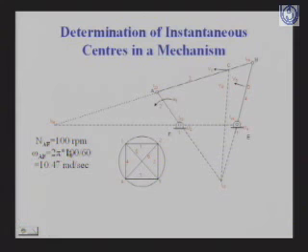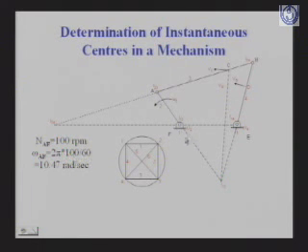Here, with the help of this instantaneous center, you can also determine the velocity of links. Here your AF link has a rotation of 100 rpm. So you can convert it into angular velocity in radian per second by multiplying by 2π and dividing by 60.